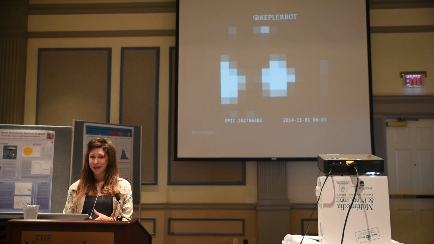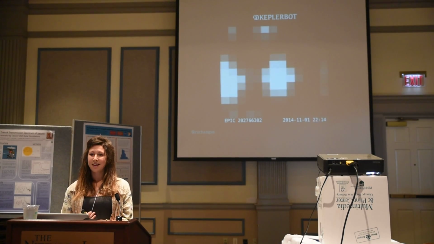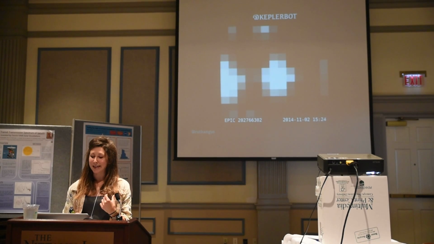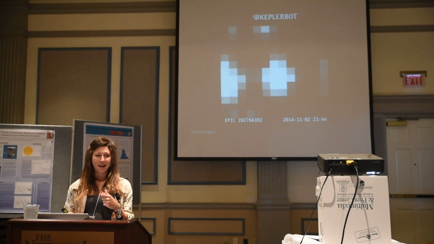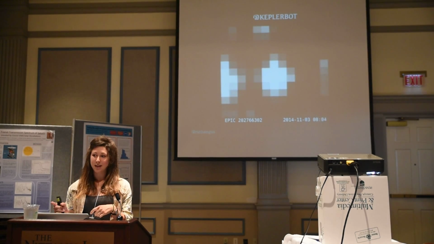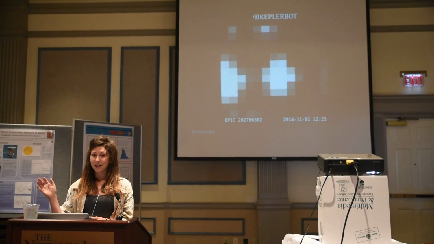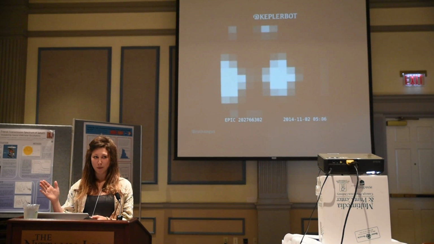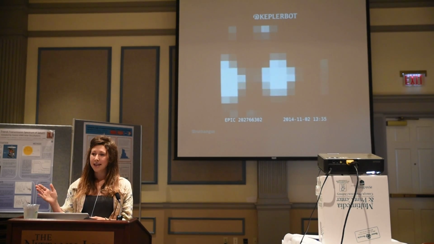So this is a video of what K2 data looks like. This is sped up. This is a tweet, actually, by Geert Barentsen, who made this Kepler bot, and it tweets out videos of K2 data every now and again. Something that you can see in this video is that there's this sort of periodic motion going on, and that is the regular 6-hour thruster firing of the spacecraft.